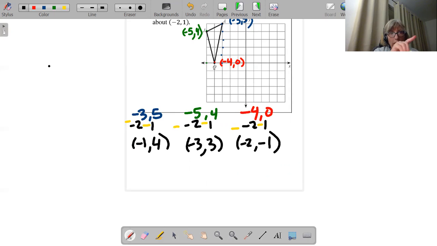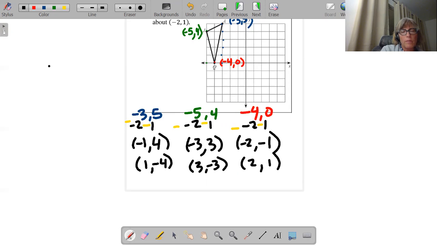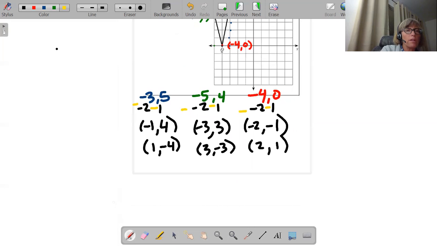Now, to rotate 180, you simply flip both signs. So we're going to flip this to 3 and -3, 1 and -4, 2 and 1. Now we add back, if you will, the -2, 1. So keep in mind, we're adding back -2, 1. That's 1 plus -2, that's -1.